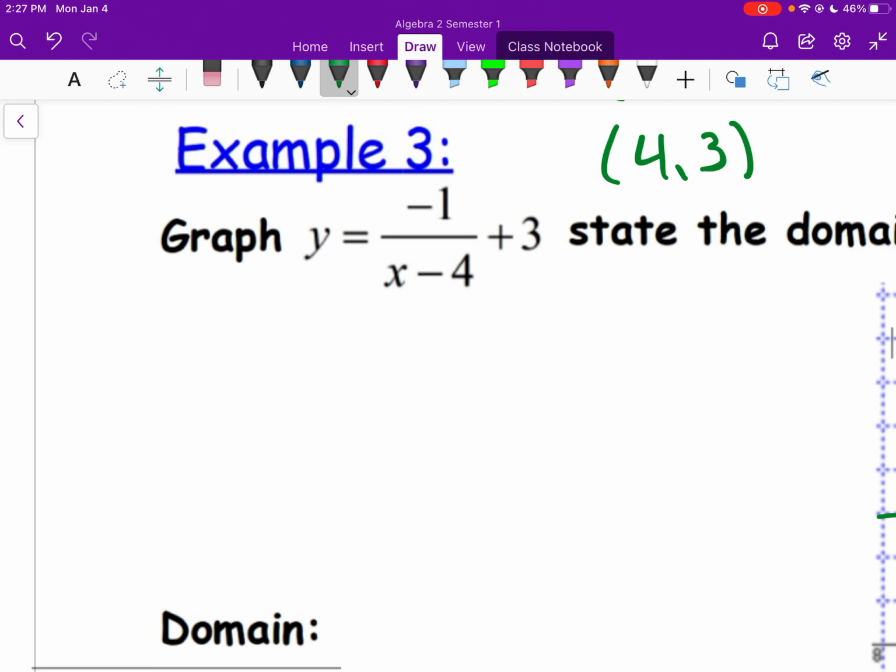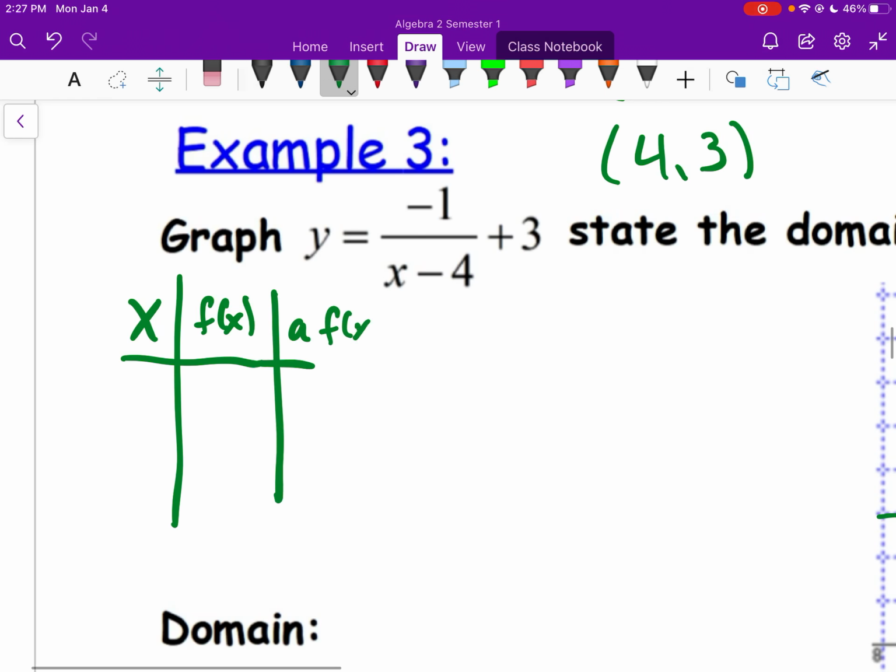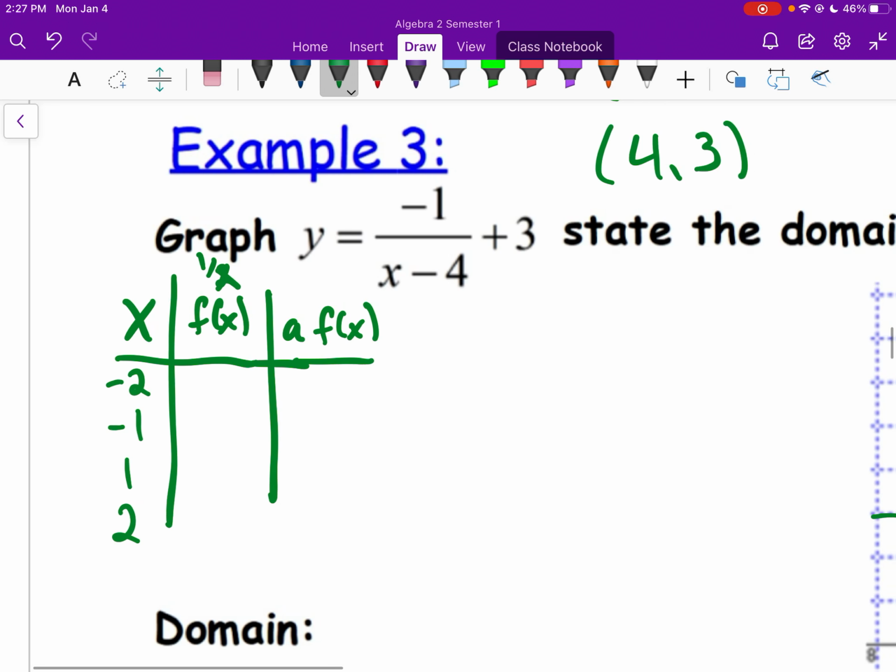Going ahead, doing our table: x, f of x, a f of x. Okay, again, -2, -1, 1, 2. And again, our parent function is 1 over x, so -1/2, -1, 1, 1/2. And again, those two columns will never change.